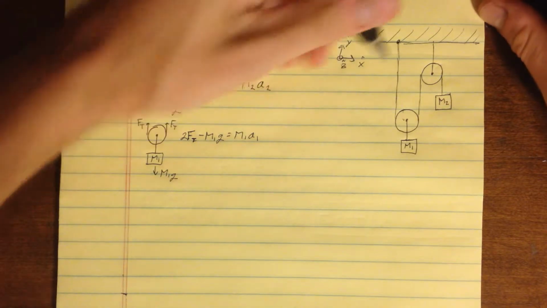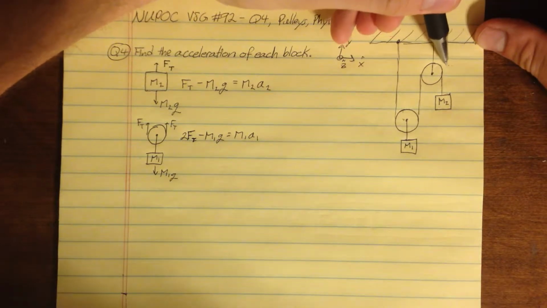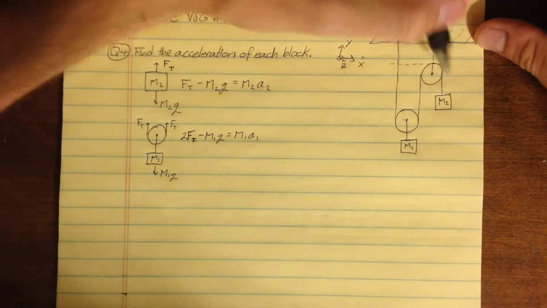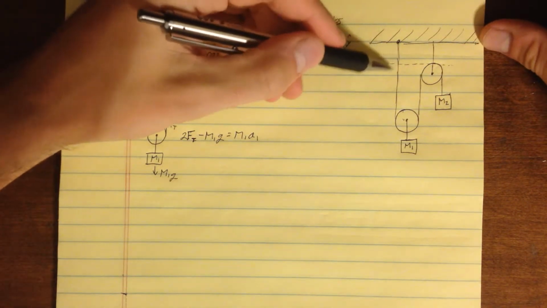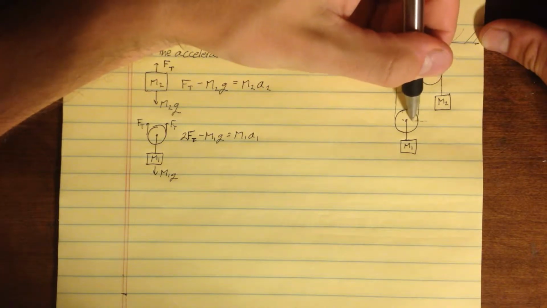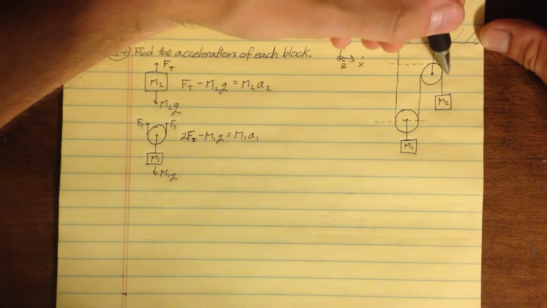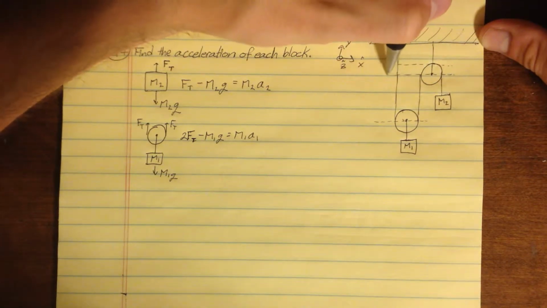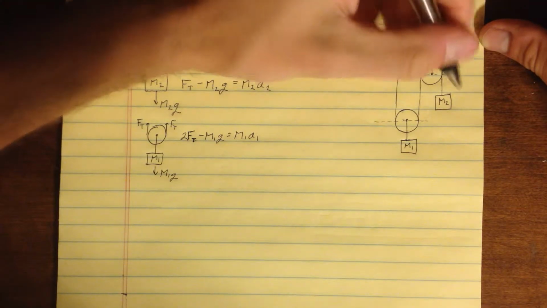To do that, we're going to look at how the different lengths, the different sections of this rope, change length with respect to each other. I'm going to draw this line right here. We don't need this line here.